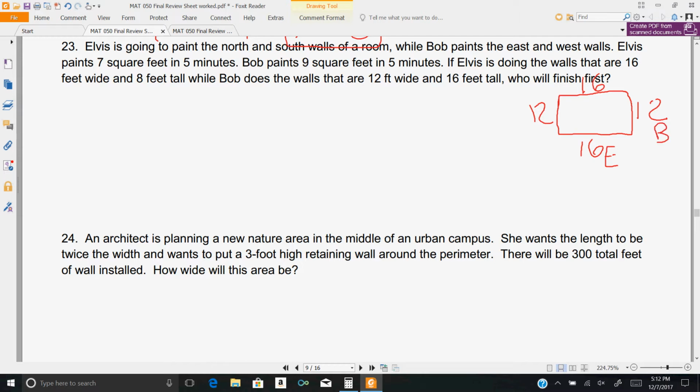So looking further, I know how much Bob can paint in 5 minutes. I know how much Elvis can paint in 5 minutes. I need to know how much they need to paint. So I need to find the area that Elvis is going to do.